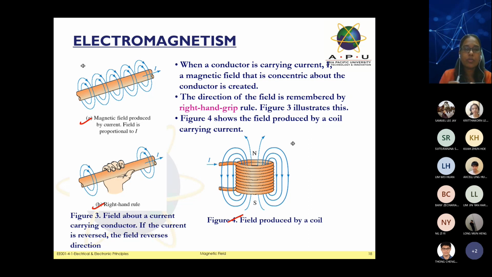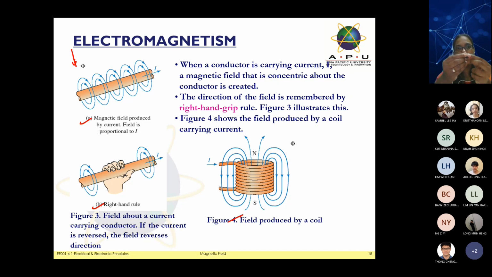Based on your first diagram here, just assume this is a conductor, and it shows a magnetic field produced by the current. The field is proportional to the current.